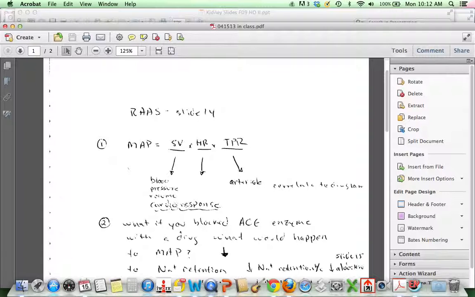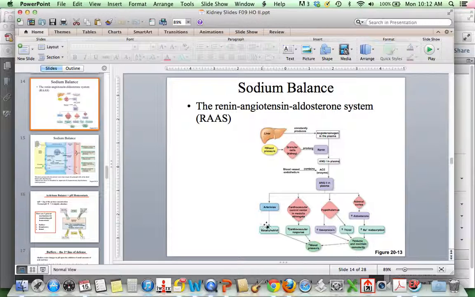What this is trying to emphasize is that the arterial constrictions that we have in the diagram relate to total peripheral resistance. So going back to our diagram, here it is. Here are our arterioles that are constricting in the presence of activation of the renin-angiotensin system.